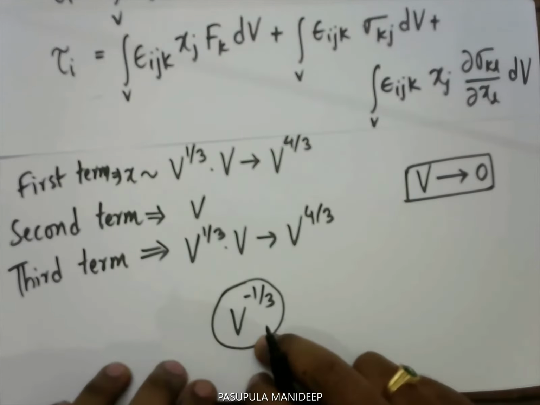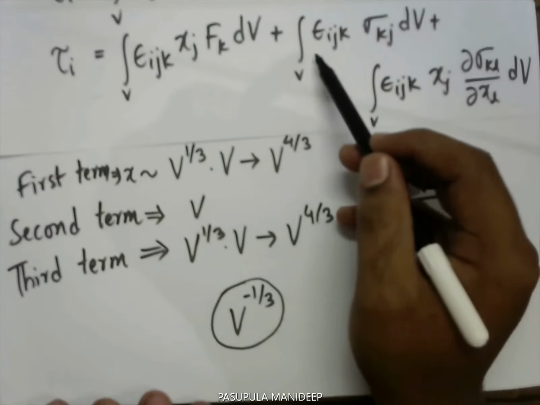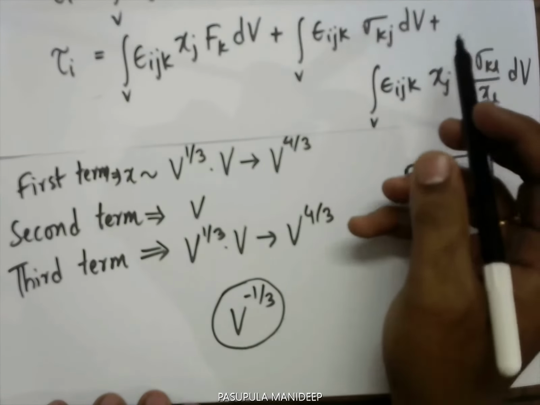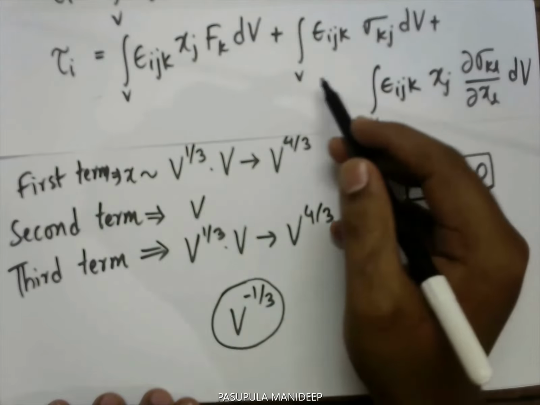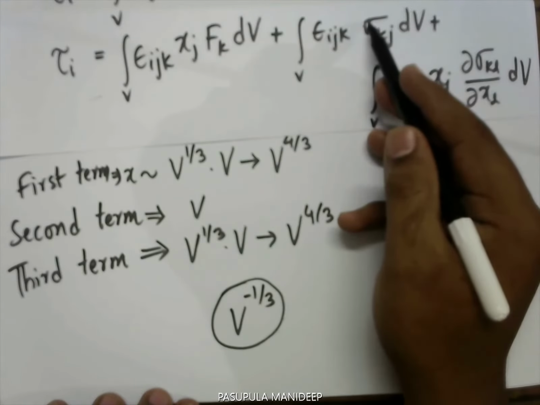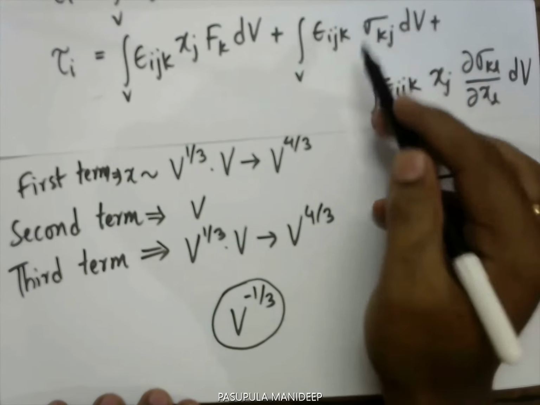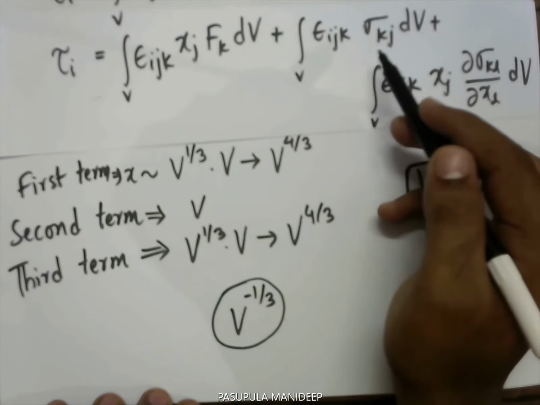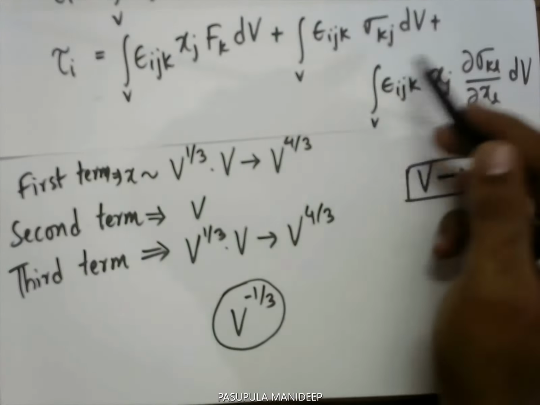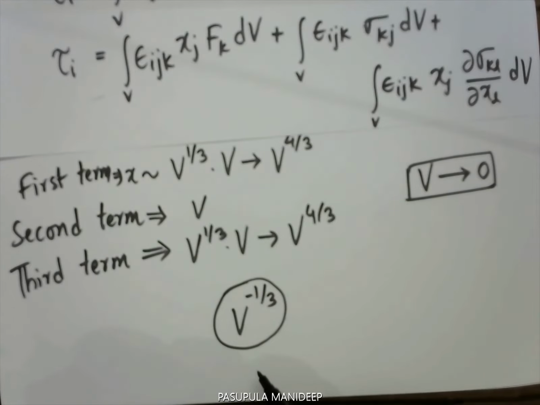So this term must be identically 0, otherwise the fluid element will have absurdly large angular velocity, because the scaling factor makes the resultant angular velocity and the stress very large. This cannot happen.